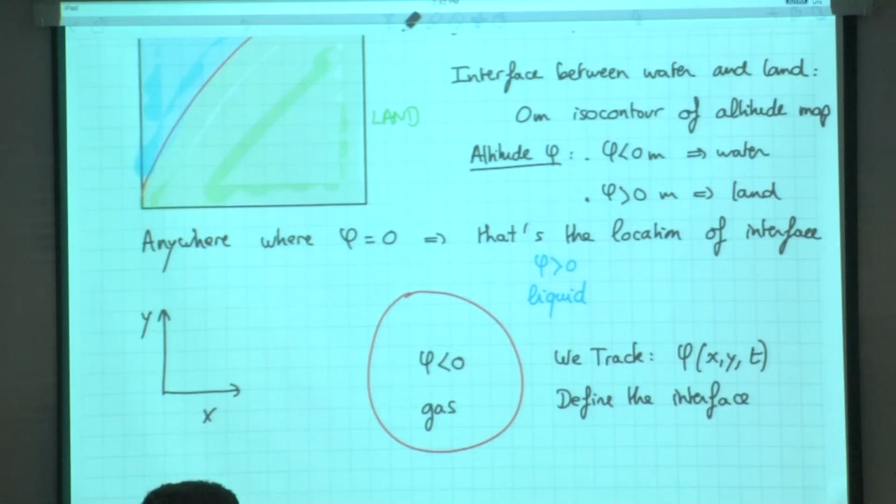Let's call this interface gamma. We define the interface gamma by the fact that phi of x gamma, y gamma, and t is equal to 0.